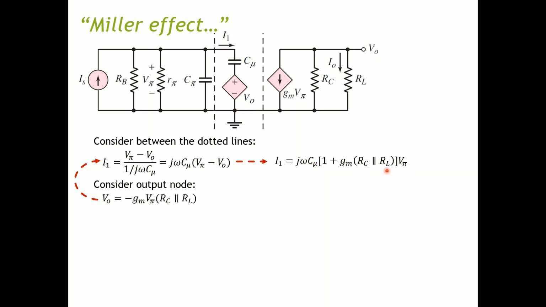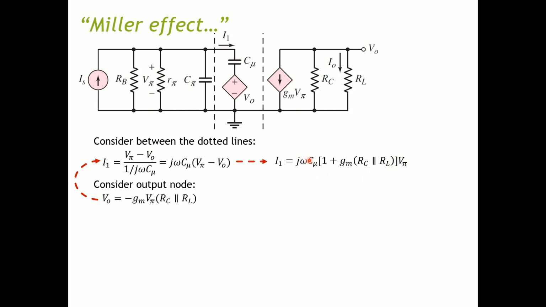In this equation, you have a current equal to a voltage divided by an impedance term.